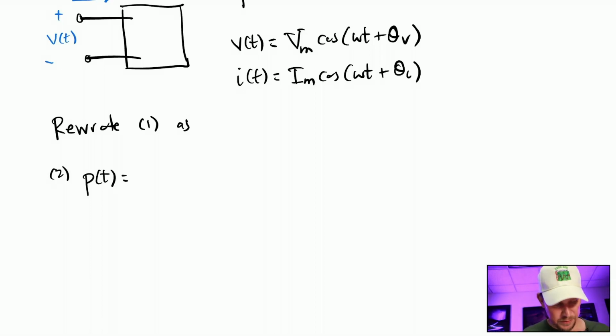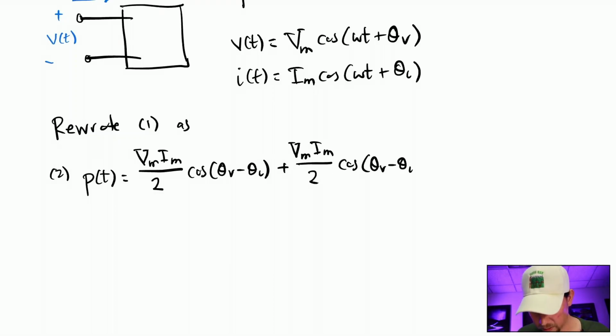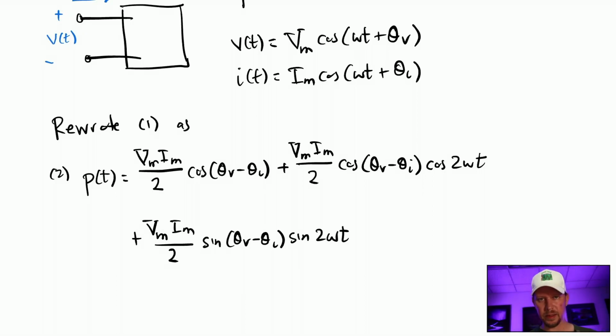The power was the product of the magnitudes for both the voltage and the current divided by 2 times the cosine of theta v minus theta I, followed by V sub m I sub m over 2 again, times the cosine of theta v minus theta I, times the cosine of 2 omega t, and there was one last term, V sub m I sub m over 2, now times the sine of theta v minus theta I, times the sine of 2 omega t, like this. And this is the expression where we left off.